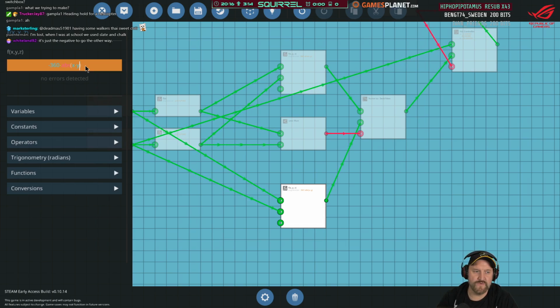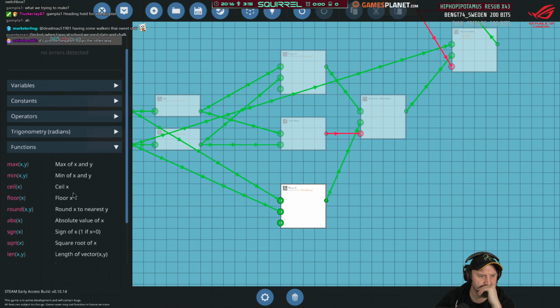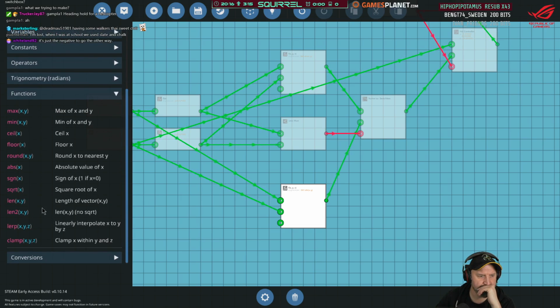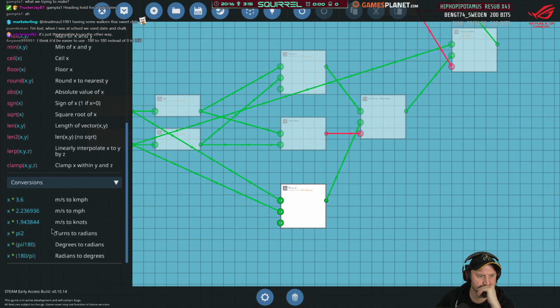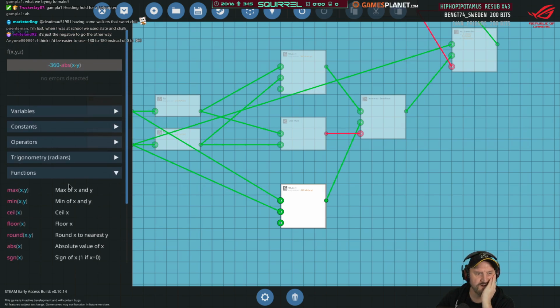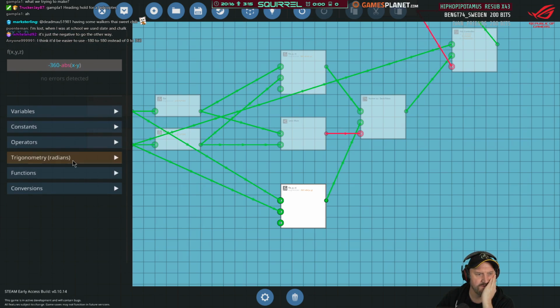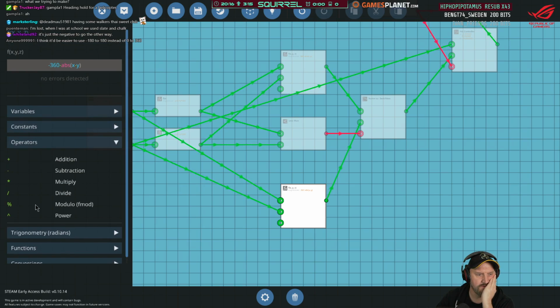But now what you want to do, can we do a modulus on this, or a div? You basically want to divide that by 360 and get the remainder. Hang on. Modulo.